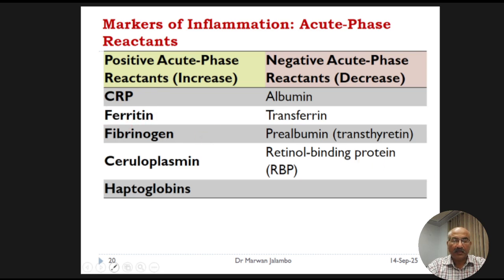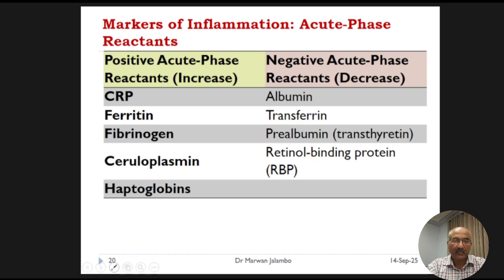On the right are the negative reactants whose synthesis is depressed during inflammation. This group includes our traditional visceral proteins: albumin, transferrin, prealbumin, and retinol binding protein.